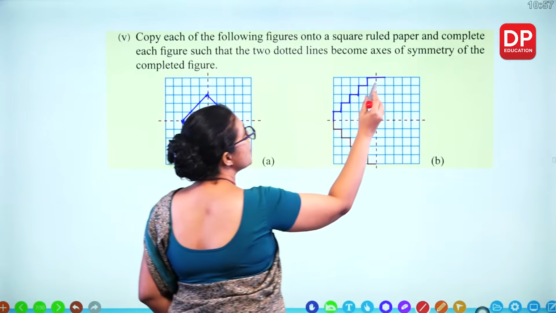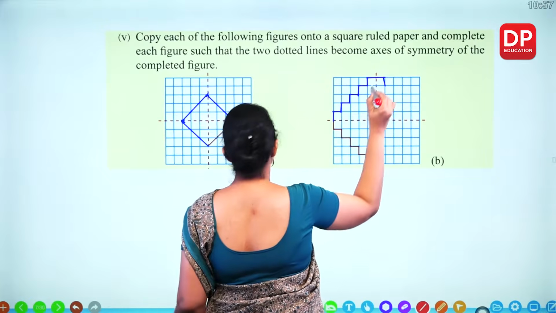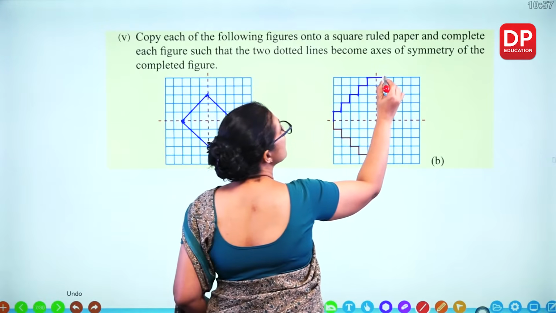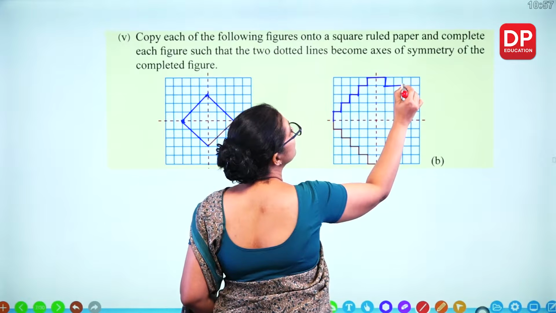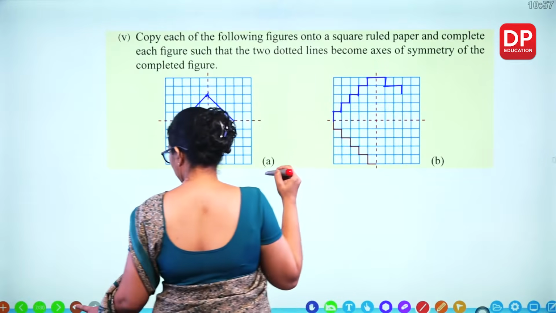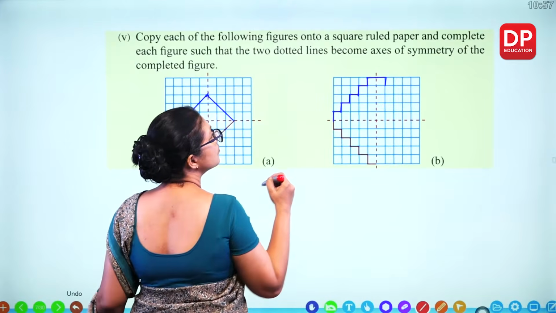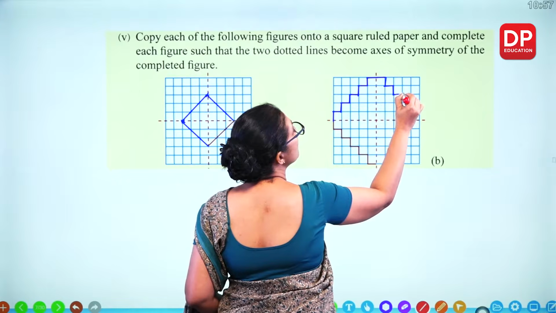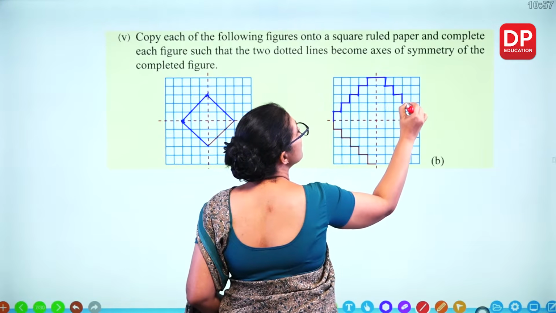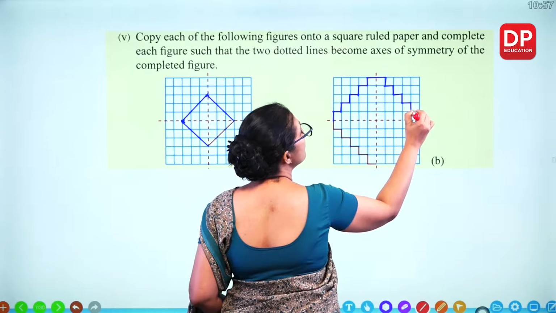Now going down. Now going down. Now going down. 1 square to the right, 1 square down.